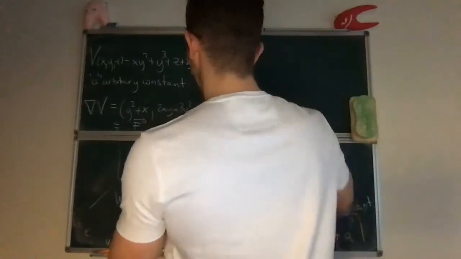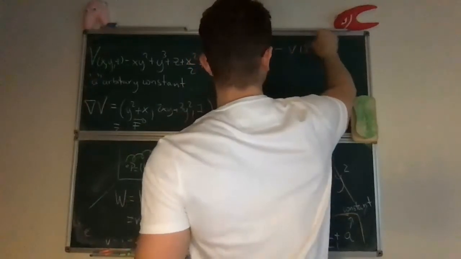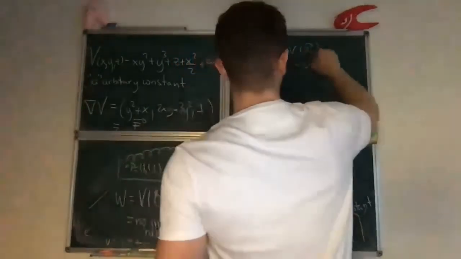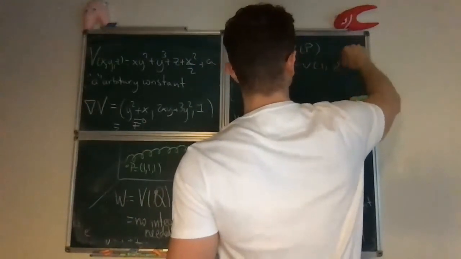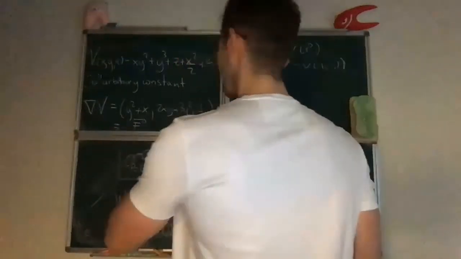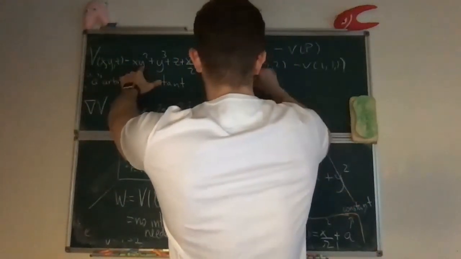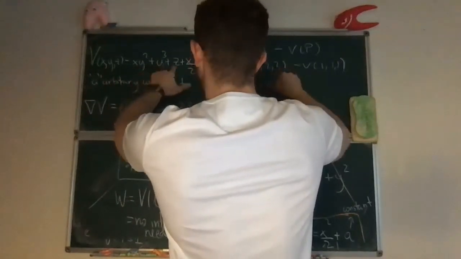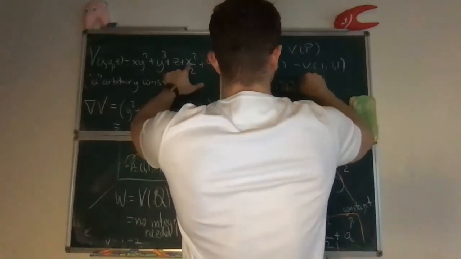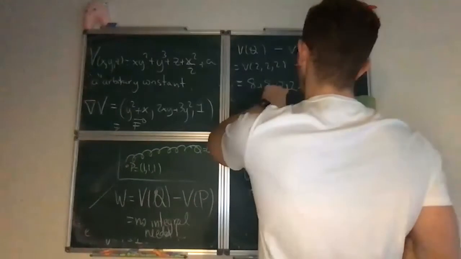So potential at Q minus potential at P, that's the potential at 2, 2, 2 minus the potential at 1, 1, 1. So at 2, 2, 2, well, this is 2 times 4, that's 8, plus 8, plus 2, plus 2, plus a. Minus, what do you get at 1, 1, 1?